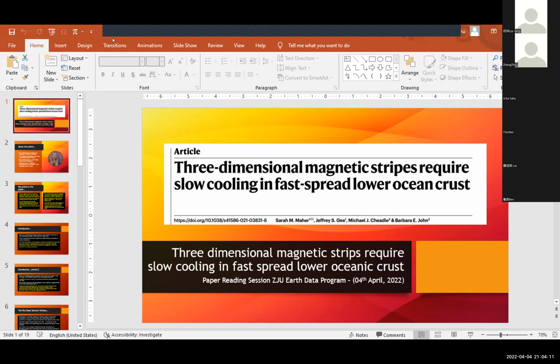So that started maybe about 100 years ago, and then by the 1940s, 50s, it became relatively mature for people to know what it is. And for these magnetic stripes, a key piece of knowledge is the Curie temperature. Once the temperature falls below, for example, 580 degrees C for magnetite, it records the magnetic field of the Earth at that particular time.